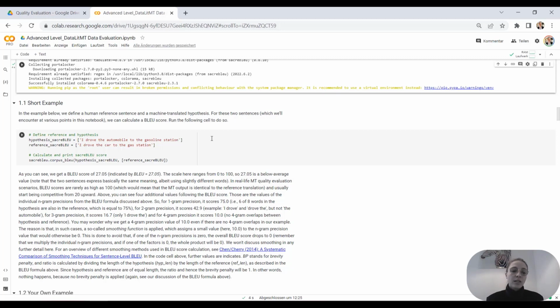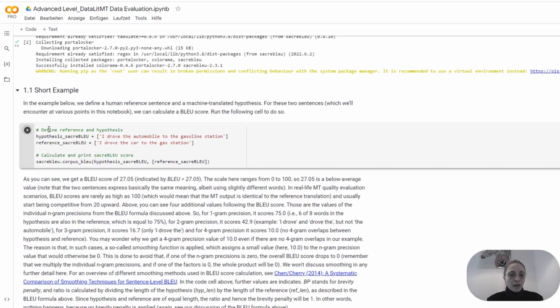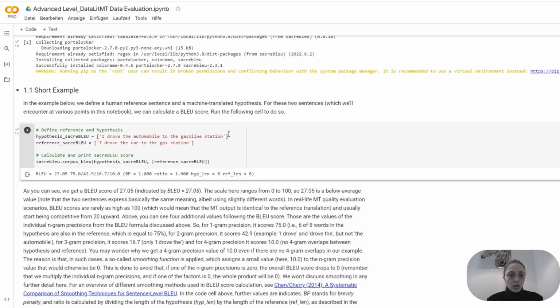And our reference is, I drove the car to the gas station. If you have seen the video at the basic level, you will see that these are the same sentences that we've used there. And we can calculate the BLEU score for these two sentences. So what the score does is it compares the exact strings, so the exact words in these sentences. All right, so as you can see, we get a BLEU score of 27.05.